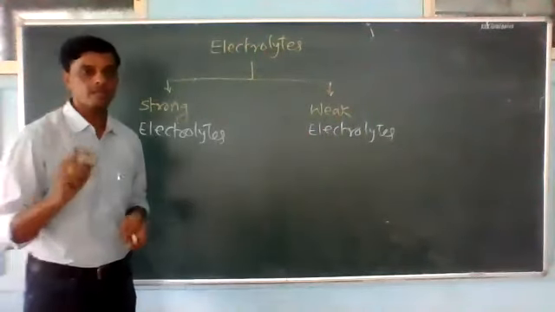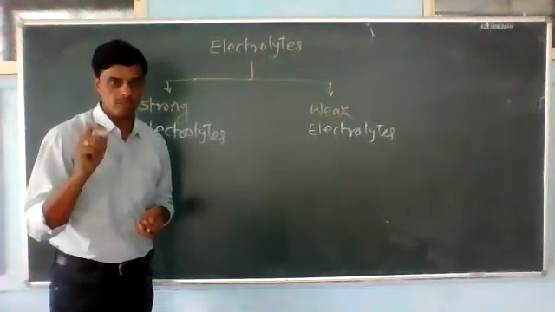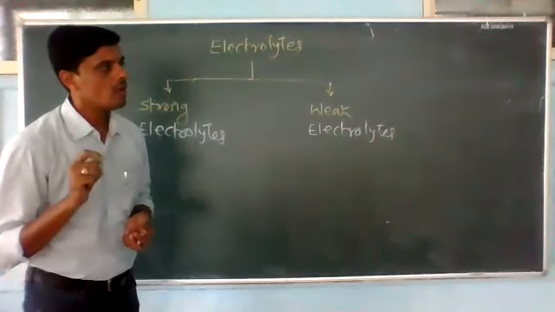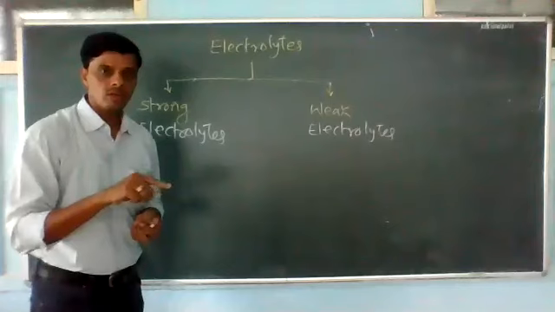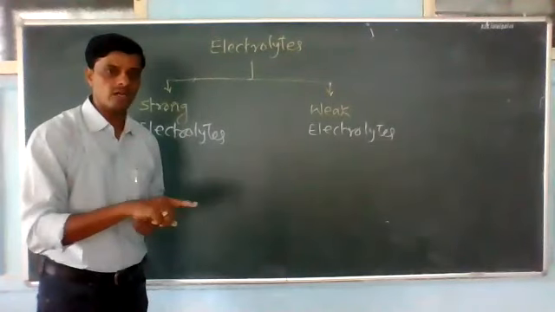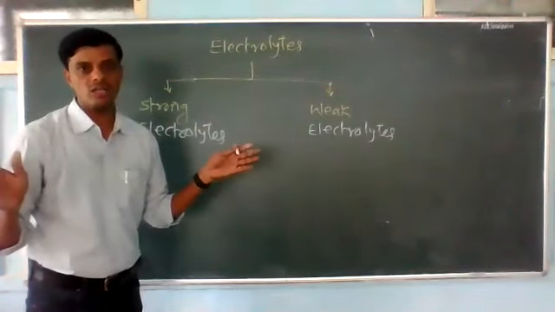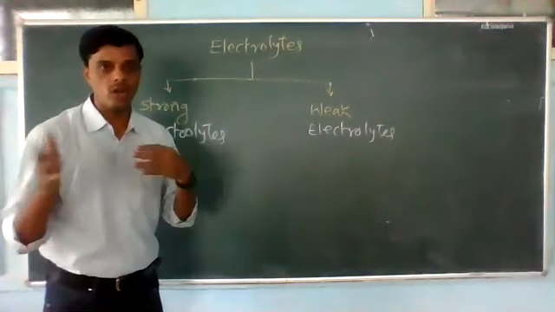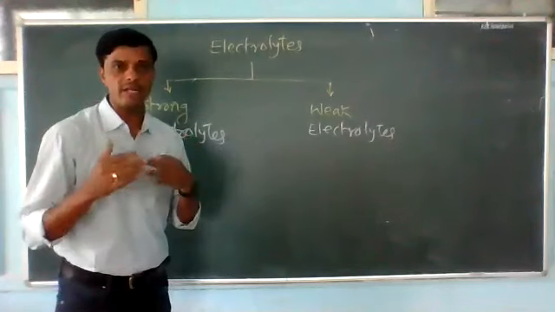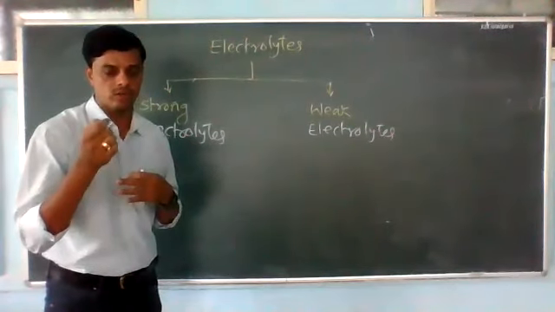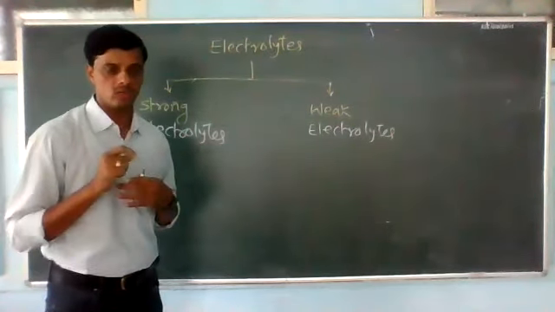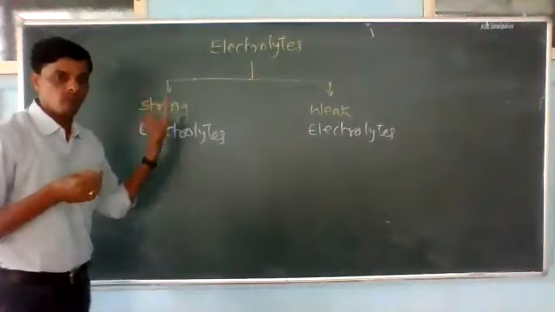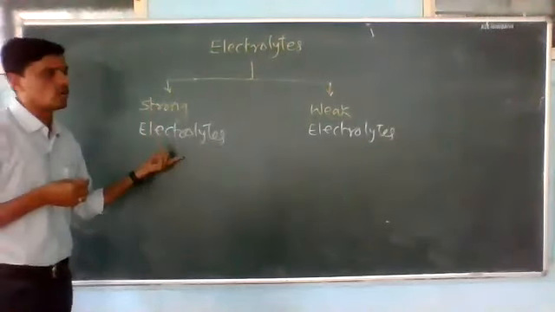Take sodium chloride salt. If you dissolve it in water, as soon as you add it, all the sodium chloride gets completely dissociated. You will not find any fraction of solid NaCl in this water. Therefore such electrolytes are said to be strong electrolytes.